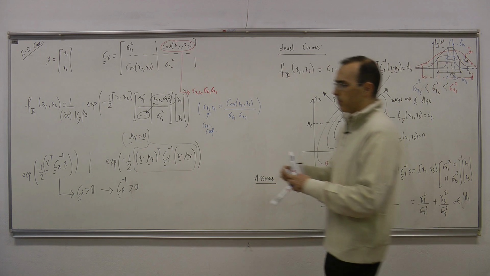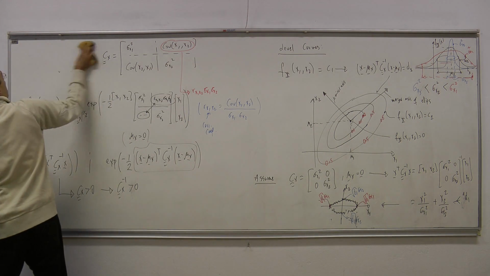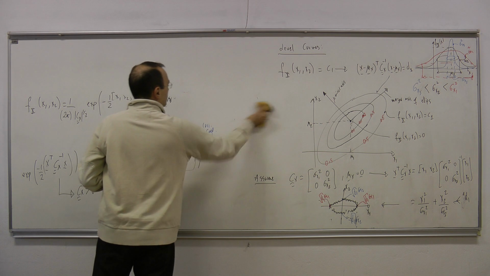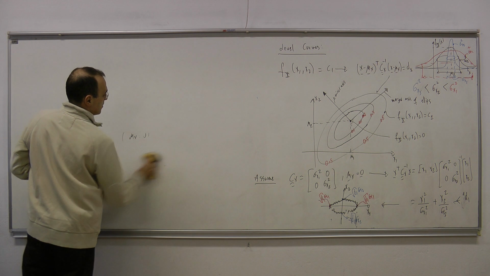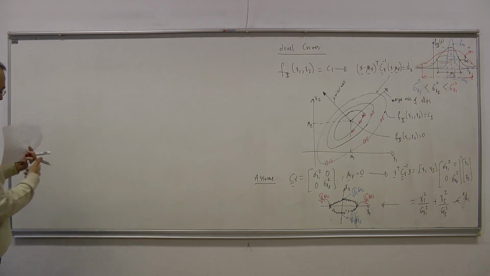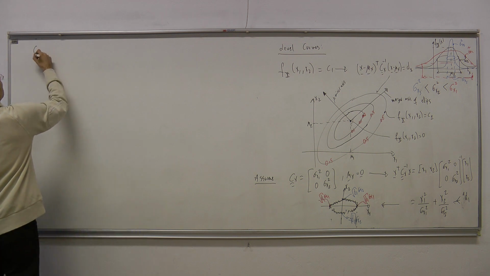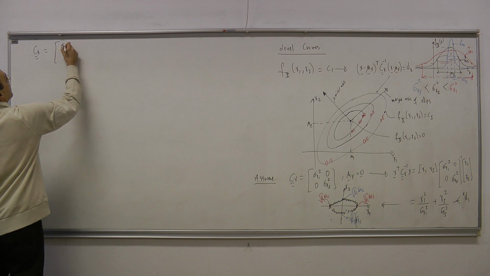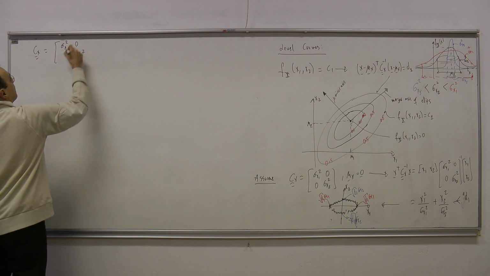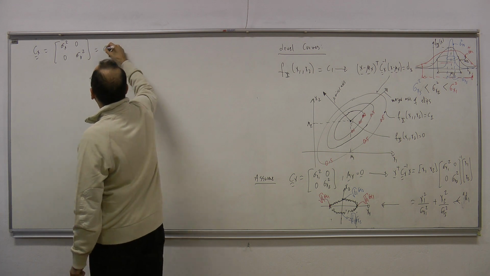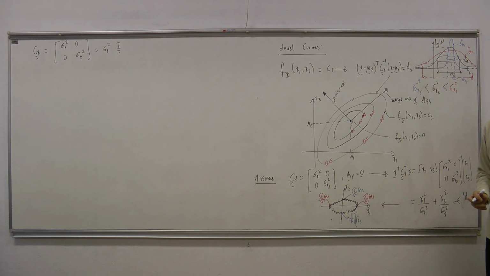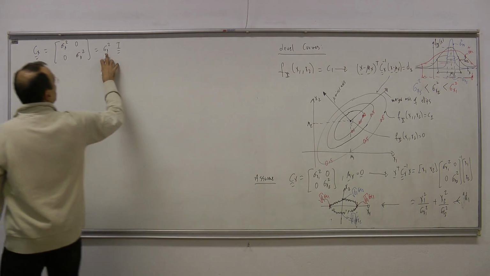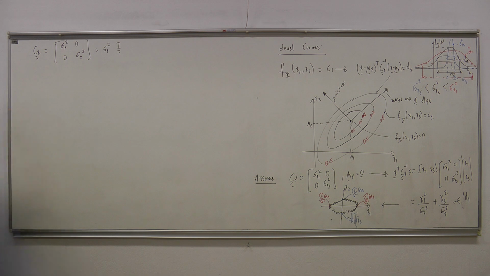Now, a special case. So if Cx is equal to, let's say that sigma x1 is equal to sigma x2, then I have identity times variance as my covariance matrix, as you see over here.